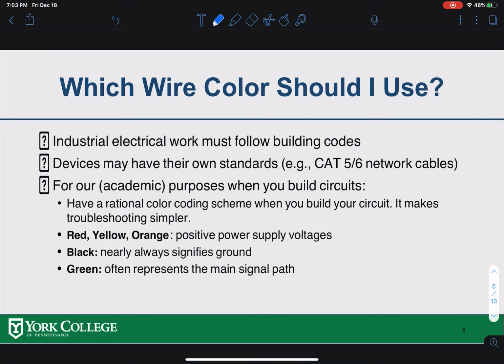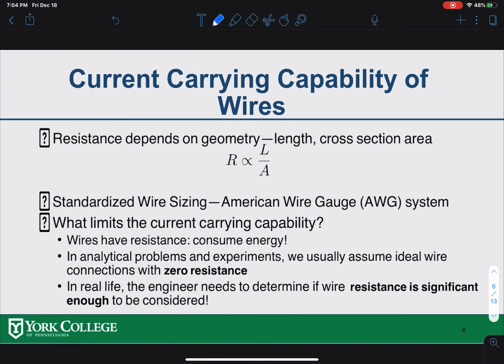This is all true for DC connection. For AC is different. I'm not gonna discuss it over here. For AC, you have different color code and different electrical code, so I'm not gonna get there. But for DC, this is the word: red or orange for positive voltage, black is negative or ground, and green is often a signal path for DC connections.